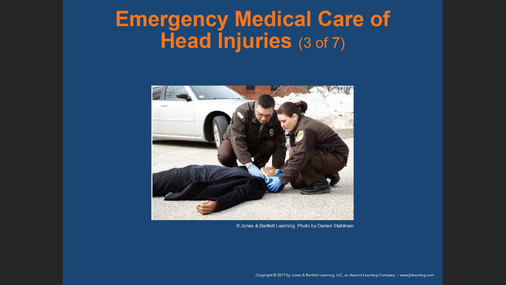Right, so this would be maintaining neutral alignment of the spine. Somebody has to maintain the head in neutral alignment, the other person performs the assessment, and if you have somebody else, they can be doing other interventions, because the truth is 2 persons should not be managing a critical head injury patient.